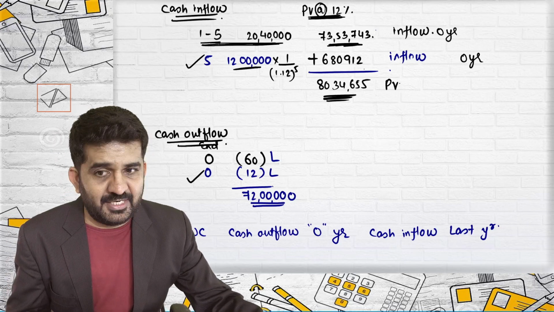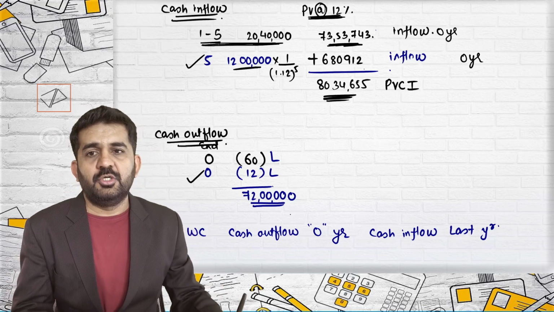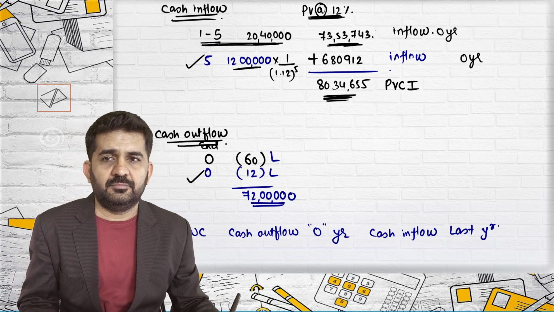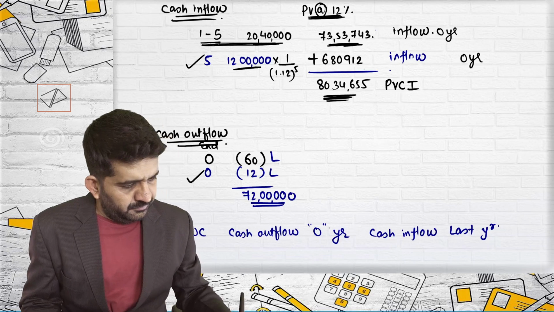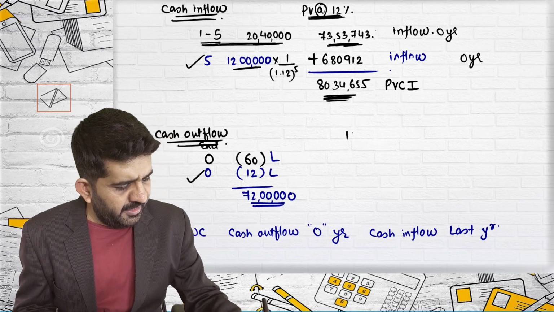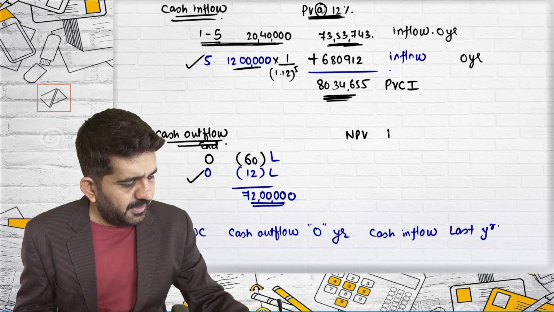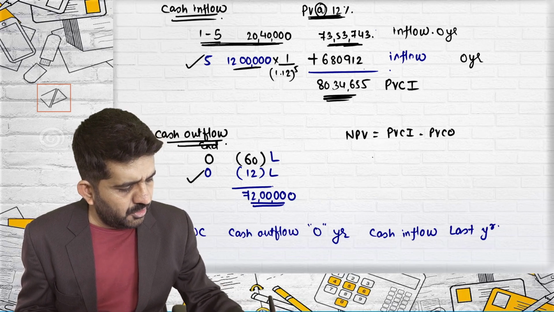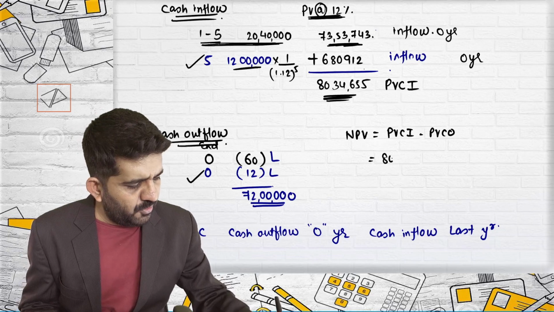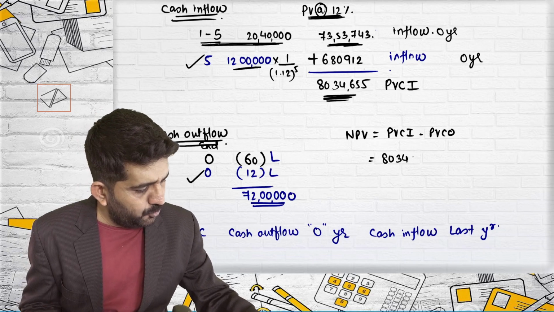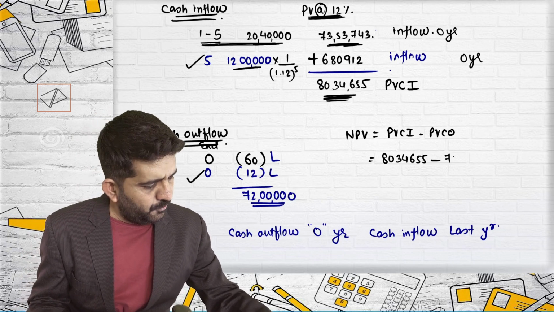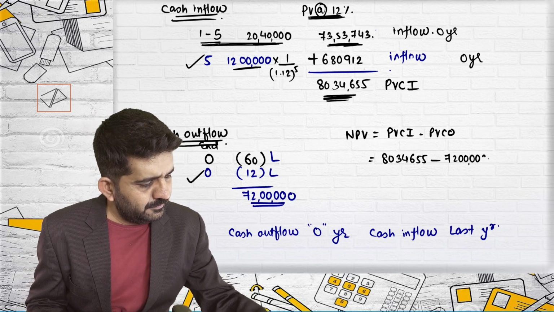This is the present value of cash inflow. NPV is present value of cash inflow minus present value of cash outflow. We have present value of cash inflow 80,34,655 minus present value of cash outflow 72 lakhs.